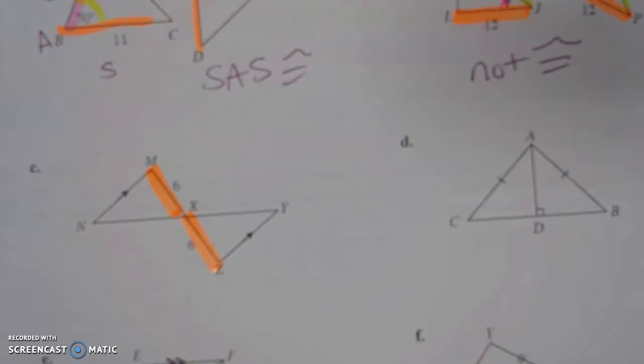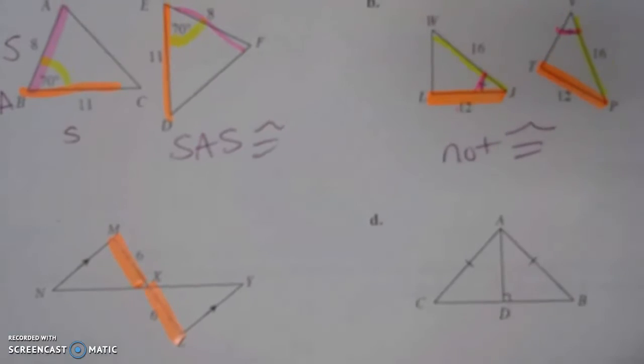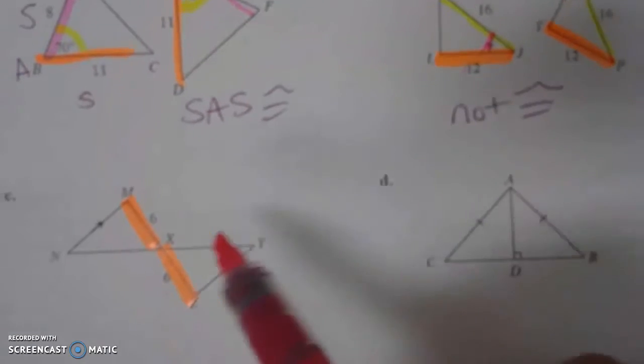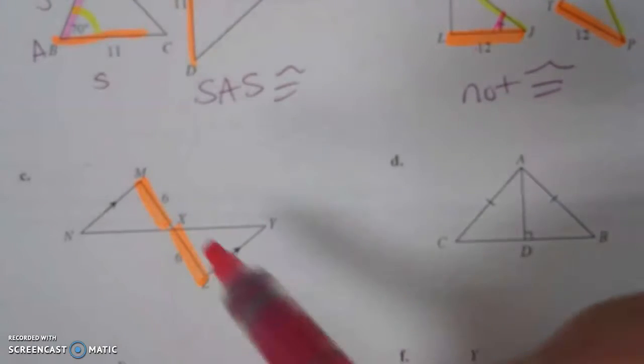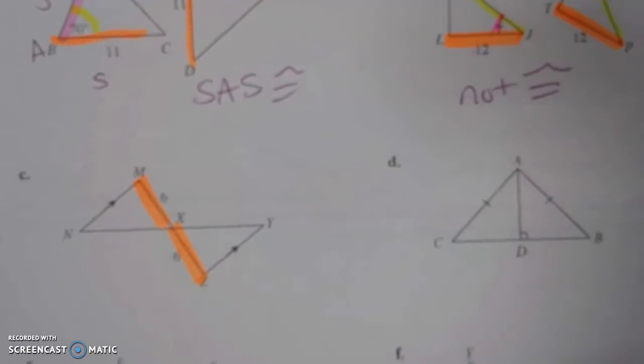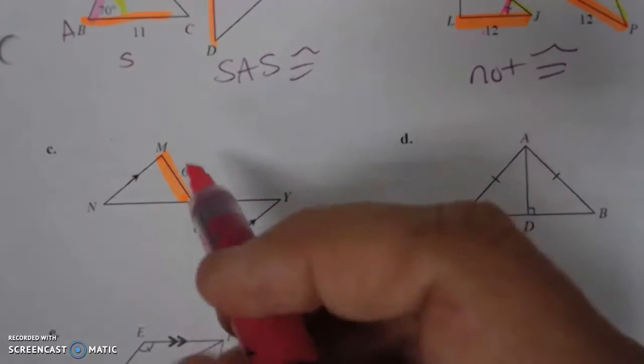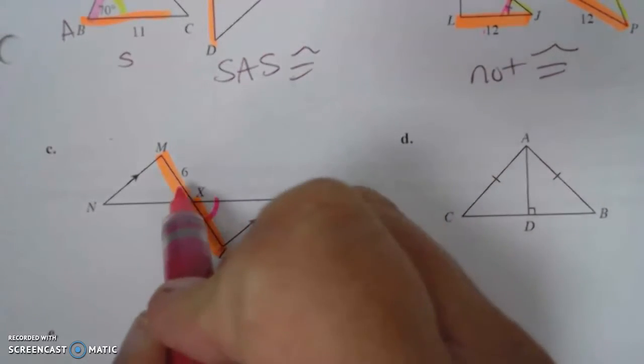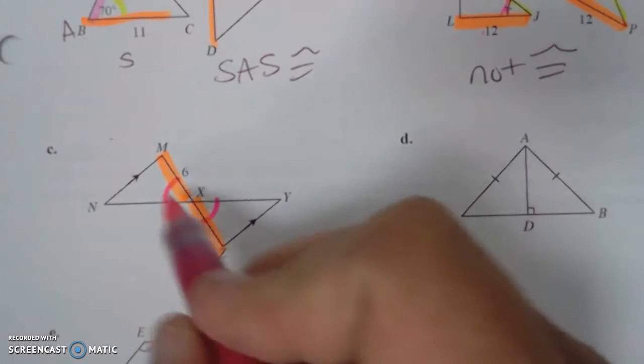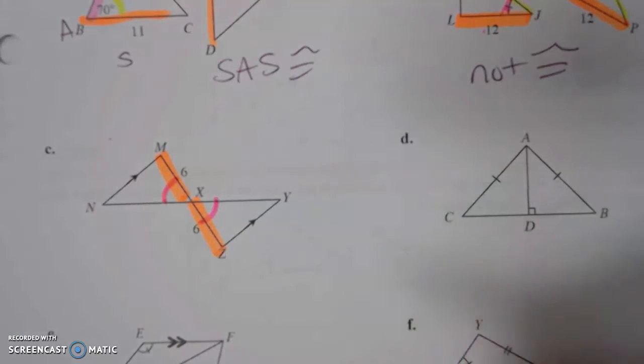Okay, and then you know how in this problem up here the angle was marked? Well, this one, there's no information about angles, but one thing that we do know about is vertical angles. Vertical angles are the ones that are across from each other in a V, and we know that they're congruent. Then we need one more piece, because all of our shortcuts have 3 pieces unless it's the right angle.